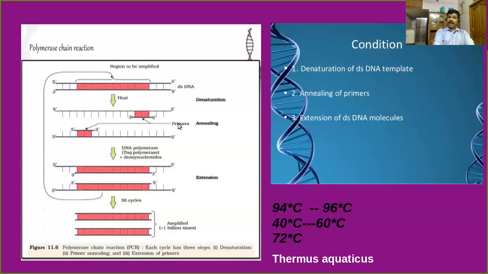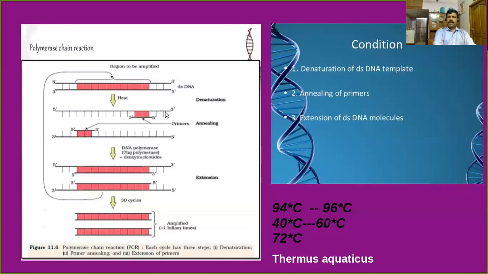I said primers are artificially synthesized DNA fragments or polynucleotide fragments. The primers are attached to the 3' end of the DNA fragment to be amplified. In this context, these two strands of DNA molecule we can collectively call templates.